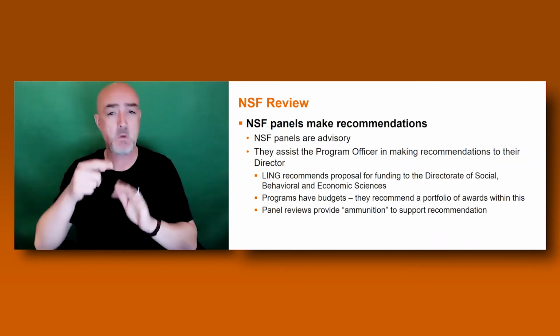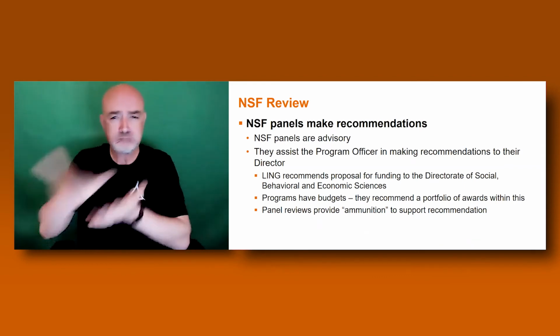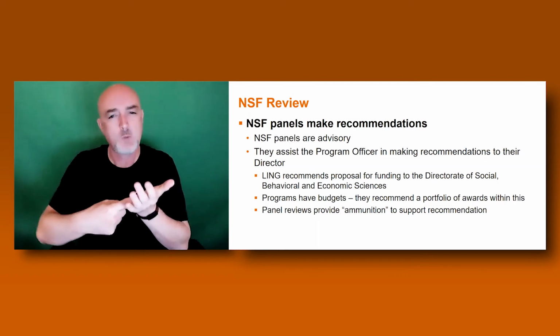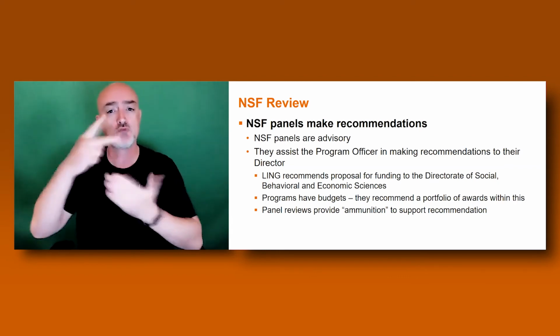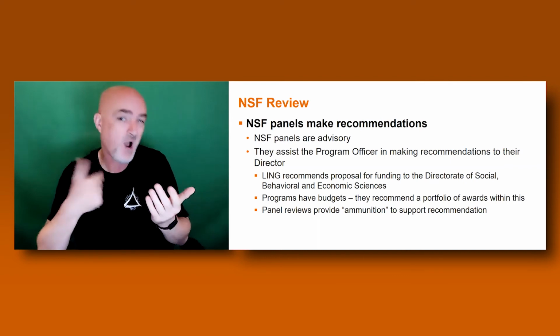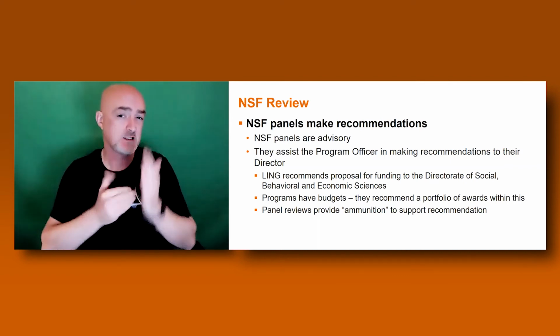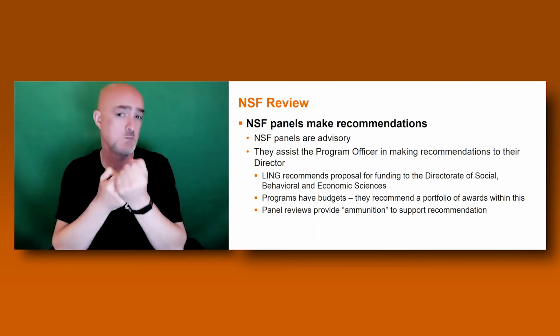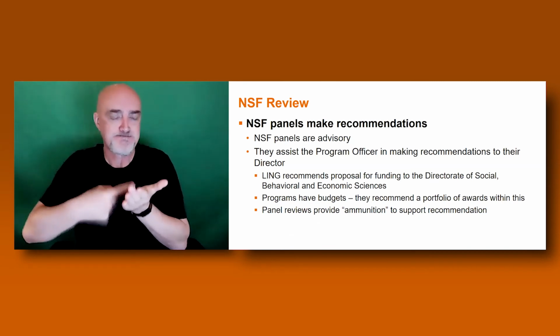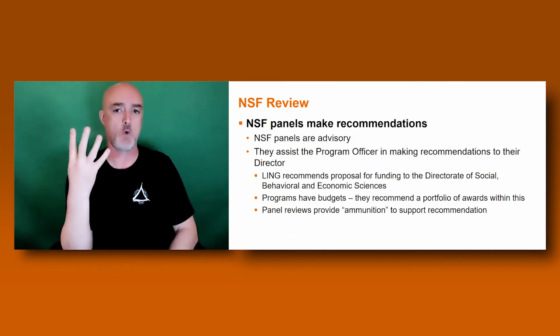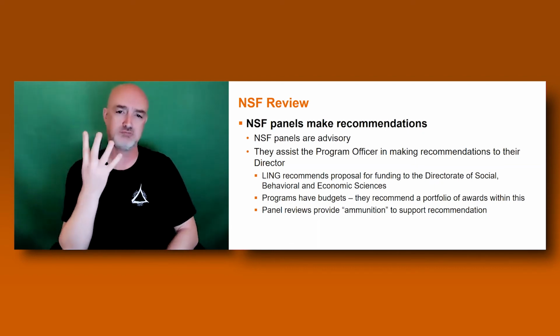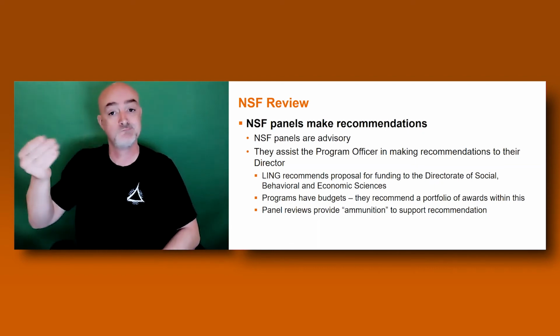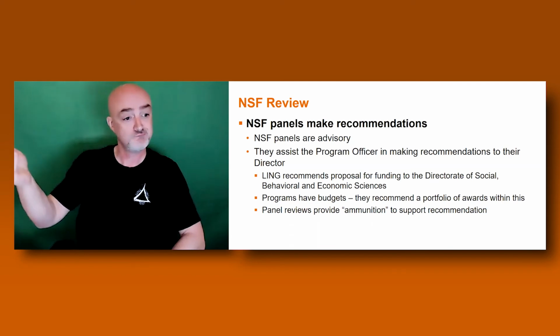For example, if a linguistics panel was discussing an application, maybe the program officer would say, I want you to give me a list of only 4 proposals that are worth considering in this category. That team might go back, decide on the 4 highly competitive applications, and pass that on to the program officer.